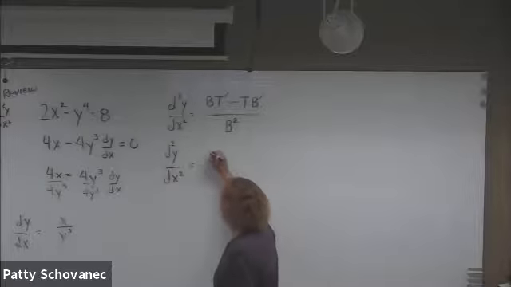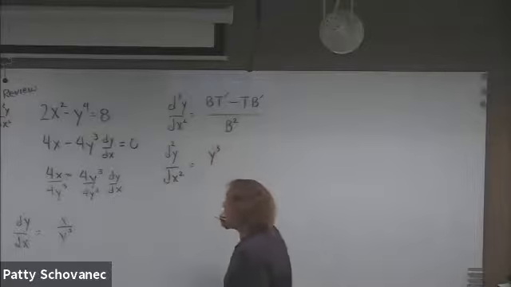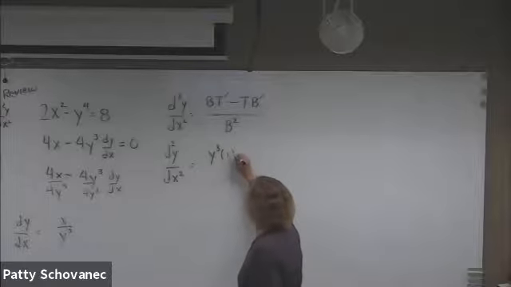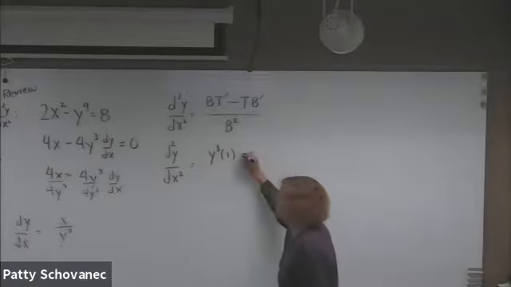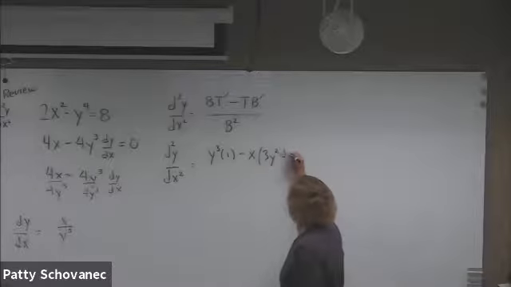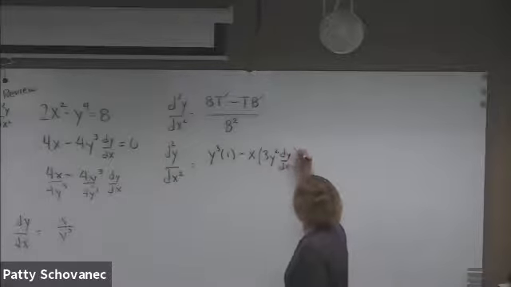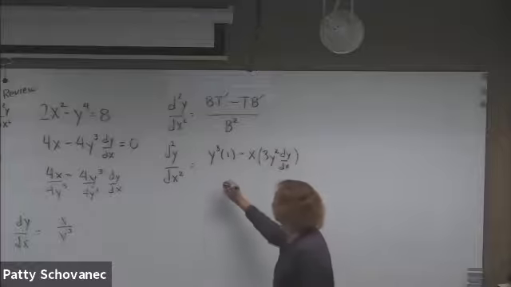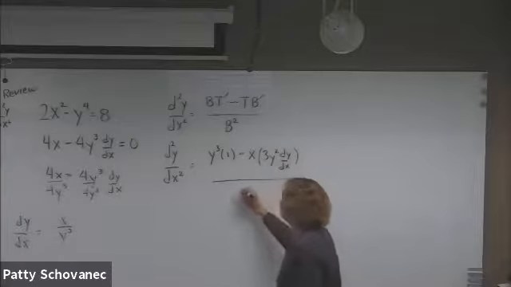So the bottom was y cubed. And the derivative of the top is just 1, right? Minus the top is x. The bottom has as its derivative 3y squared, and then our dy dx. And then the bottom squared is y cubed squared.